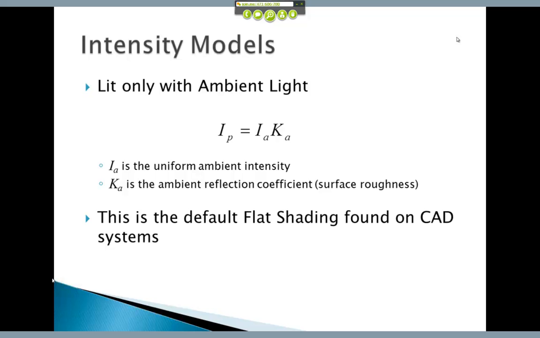So we're not talking hue, we're not talking saturation, we're only talking intensity. Okay, how much light is hitting this point. And for an ambient model, you have 2 parameters. You have basically the intensity of the ambient light, and you have the roughness of the surface based on the ambient light. How do we get those values?